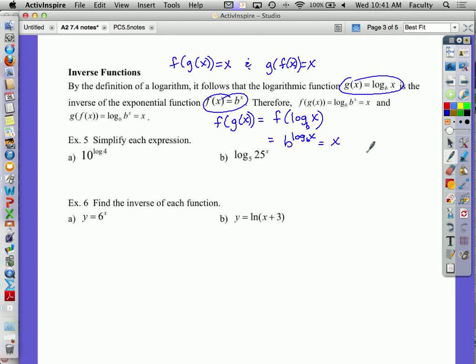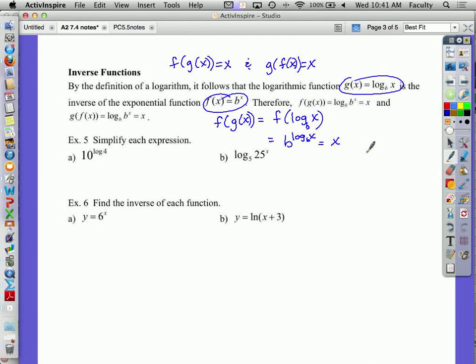And that is supposed to equal x. So what it's really saying is if you have the same base and a log, because they're inverses, they cancel each other. They undo each other's operation, and you're left with just what's inside that log in the exponent.